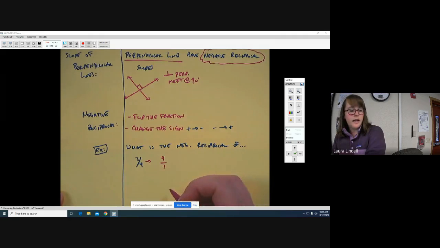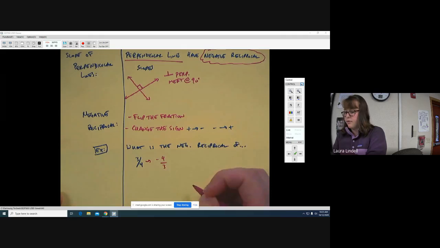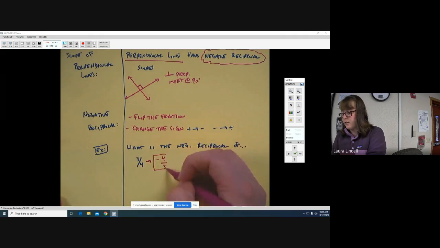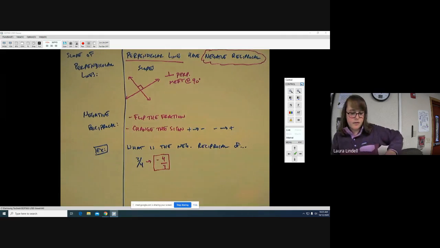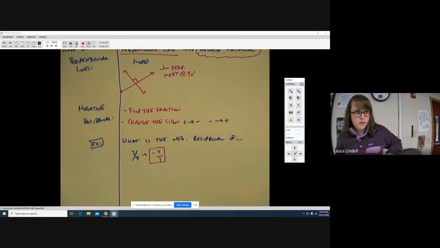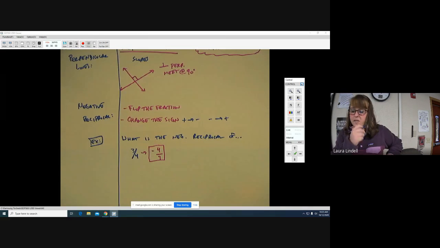And then we change the sign. So instead of positive 3/4, it becomes negative 4/3. So this would be the negative reciprocal of 3/4.